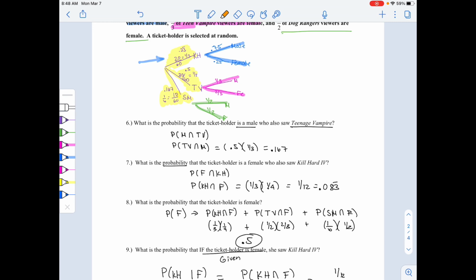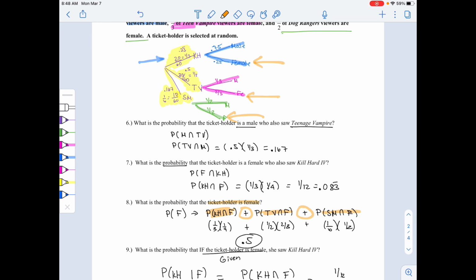What is the probability that the ticket holder is female? Well, we can be female and have seen kill hard. We can be female and have seen teen vampire. And we can be female and also have seen strip mall dog rangers. So we have 3 scenarios: kill hard and female, or, which means add, teen vampire and female, or strip mall and female.